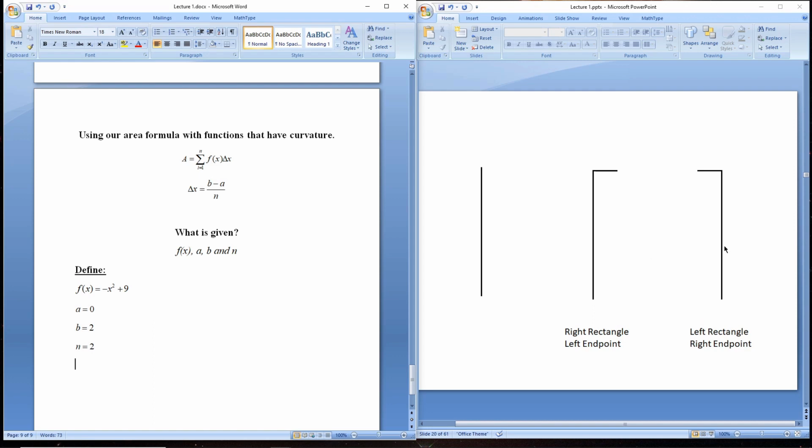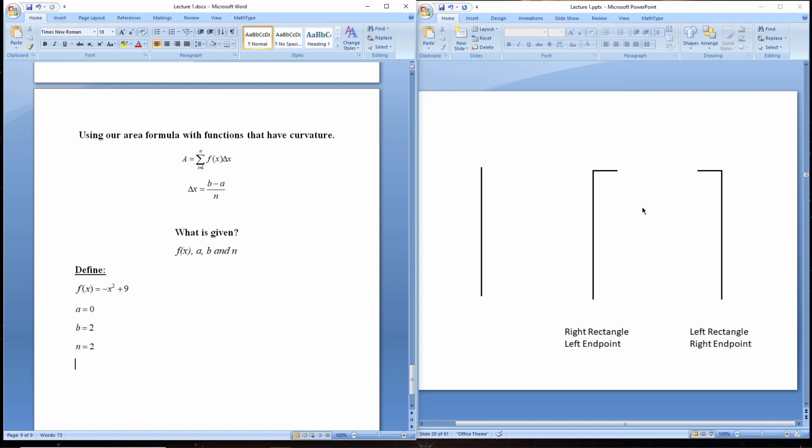If you go up and to the left, this is called a left rectangle, because it's going to the left. However, it can also be called the right endpoint because you're starting on the right side of the rectangle. I know that can be confusing, and books do vary on what they say. So we have these 2 ways that we can introduce rectangles into our picture.